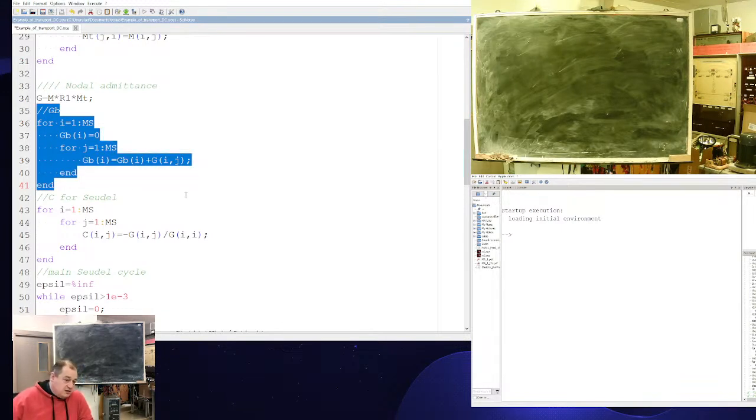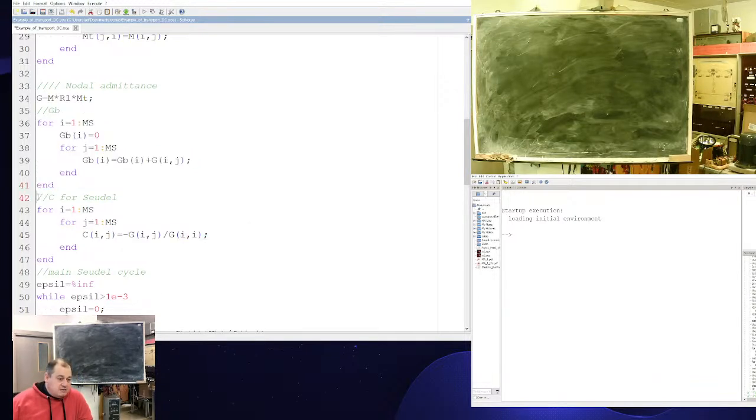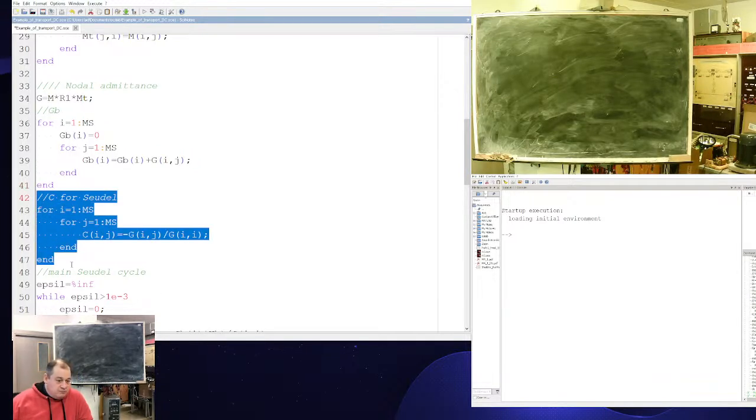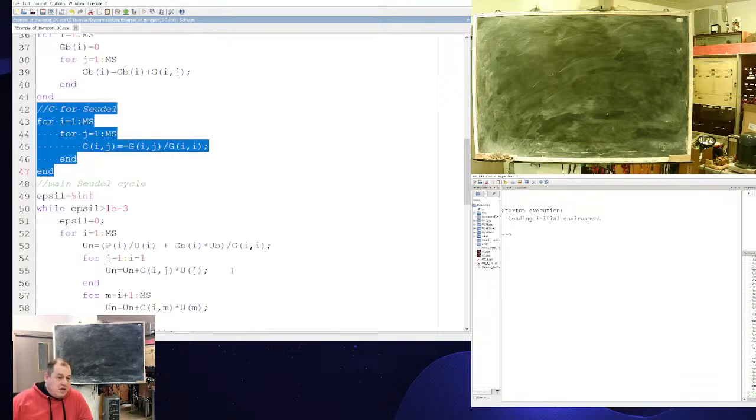I will just calculate the sum and put them in the corresponding position of the base node conductivity vector. Next, five rows is this transfer matrix for the classic Seidel technique, as we saw in linear algebra.